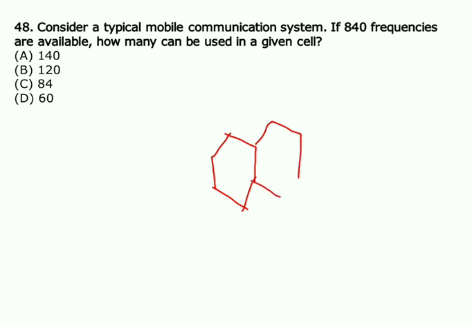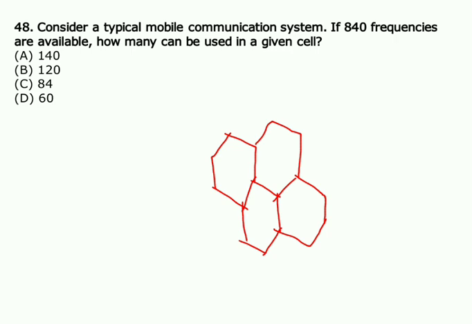Each cell will be in the format of a hexagon. Here they are grouped in units of 7 cells. So there is a buffer about 2 cells wide where that frequency is not reused, providing for good separation and low interference.